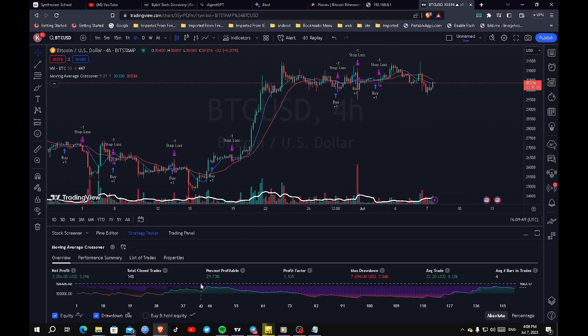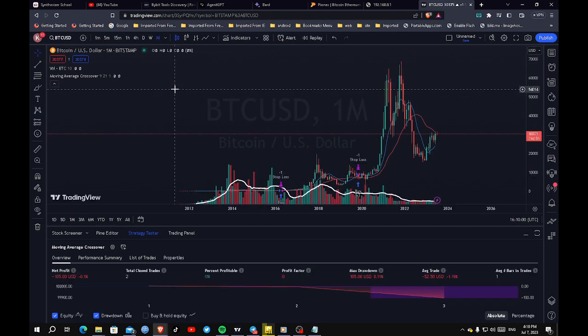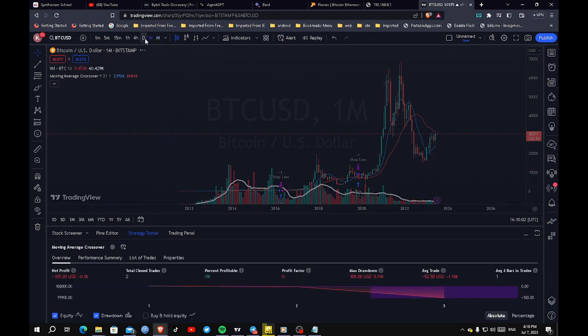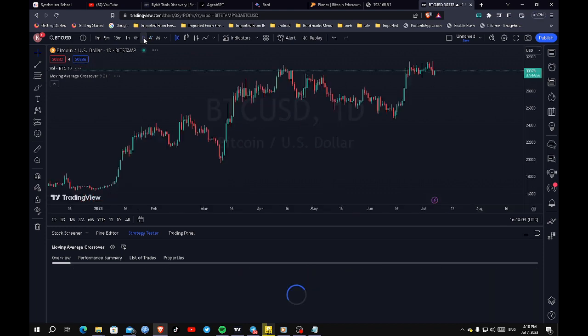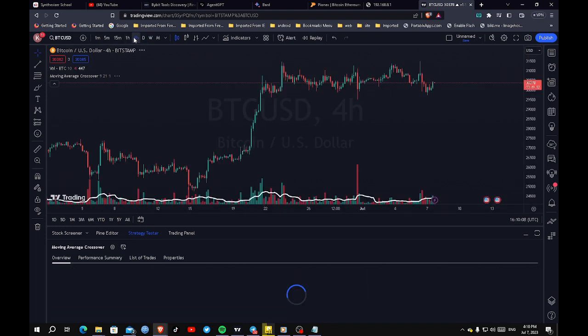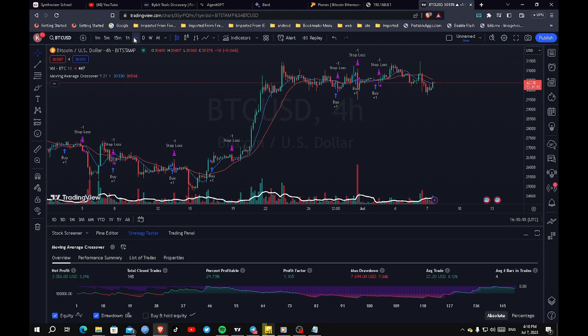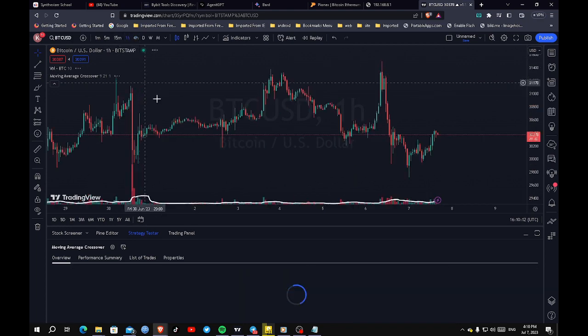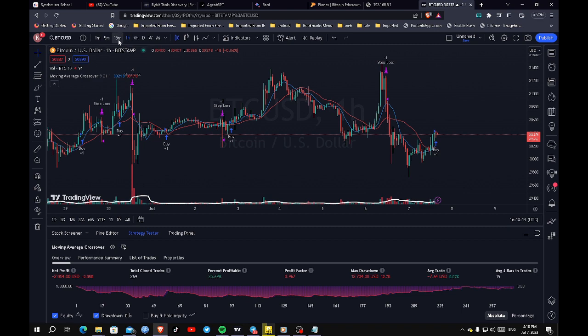Okay, so you then can check how it performed on other time frames. So it starts from the month, week. Also good. Geez.